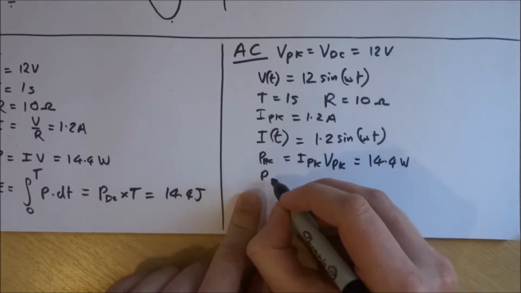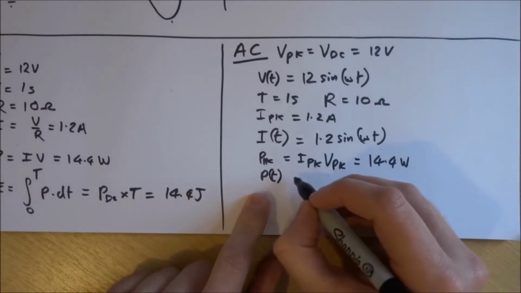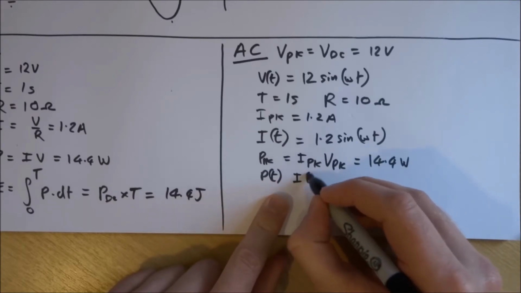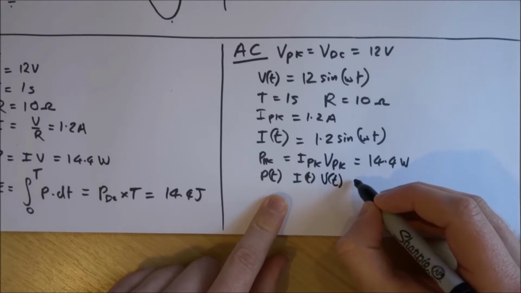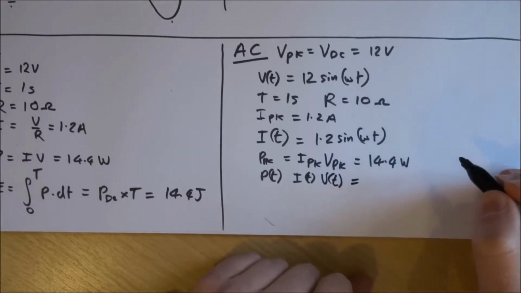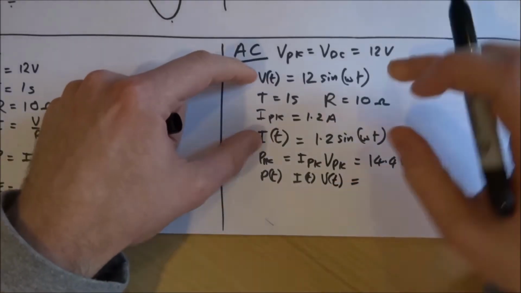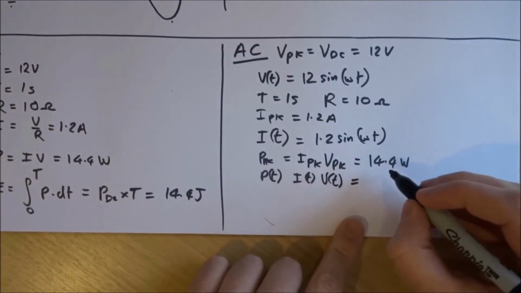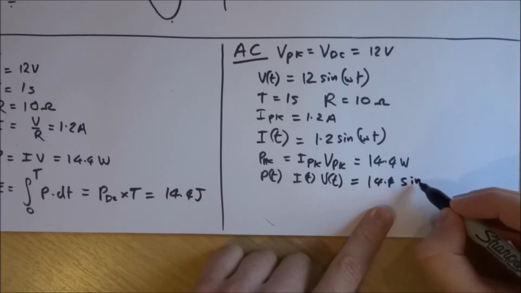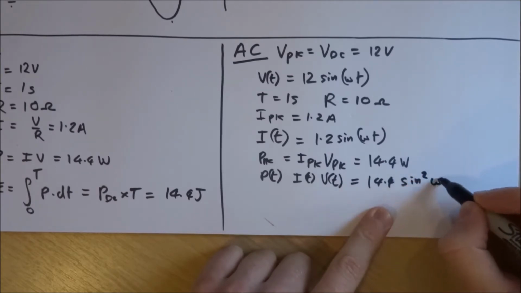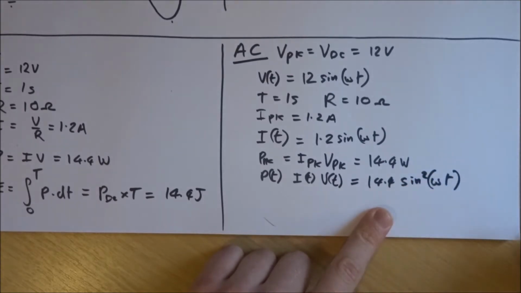The time varying version of the power, P of t, is going to be the product of the time varying voltage and the time varying current. And that's going to come out to be a sine squared function, because we're taking the product of two sine functions, and that will be 14.4 as a peak times sine squared omega t.